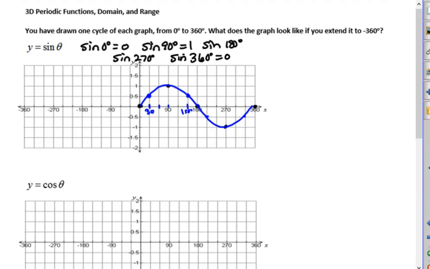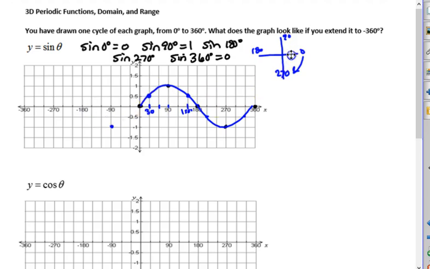Now what happens as we go backwards? So let's think about 90 to negative 90. Negative 90 is the same as which one of these angles? Well, if we draw 0, 90, 180, and 270, now think about going backwards. Negative 90 is the same as 270, so it's going to be at negative 1 again. So we keep going down here.